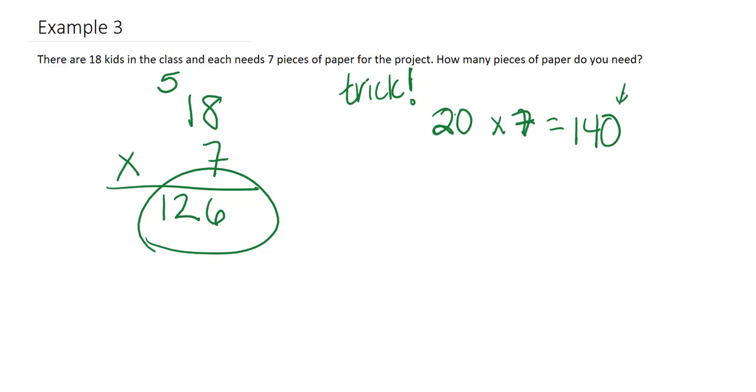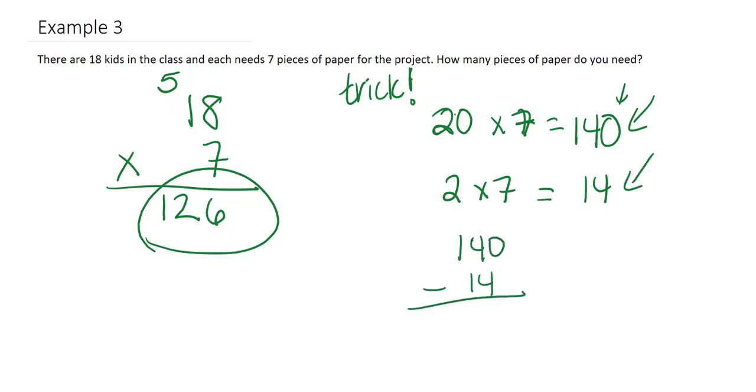And then, because it's 18 times 7 and not 20 times 7, we need to go 2 times 7, because 20 minus 18 is 2. So 2 times 7 is 14. Then we take this number and subtract this number from it. So we've got 140 minus 14.